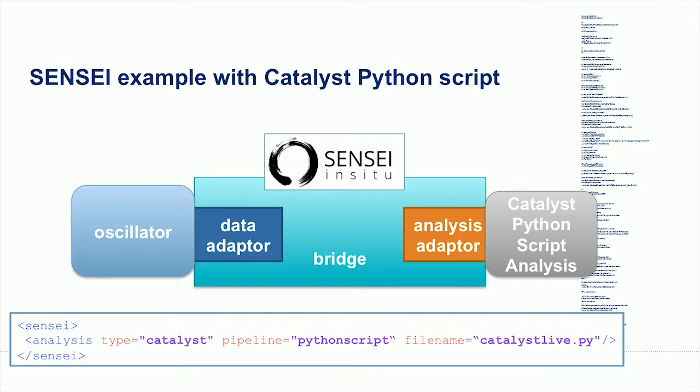The in situ architecture here, for this demo, we've got the oscillator mini app. It's got its own data adapter and bridge code. We're going to tell the oscillator mini app to create this Catalyst analysis adapter and give it this XML file. It's going to take that and do the rest.